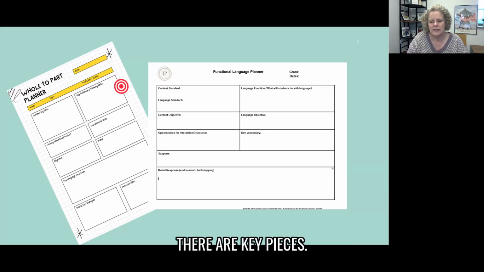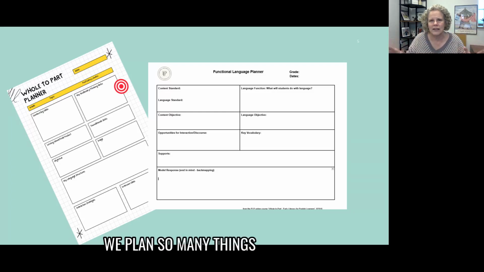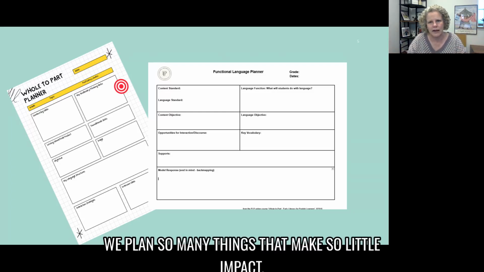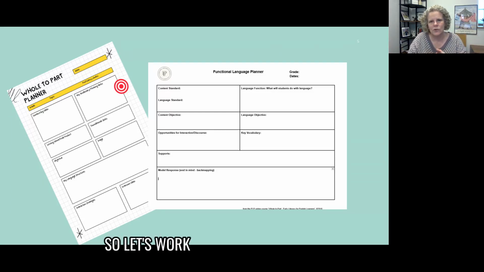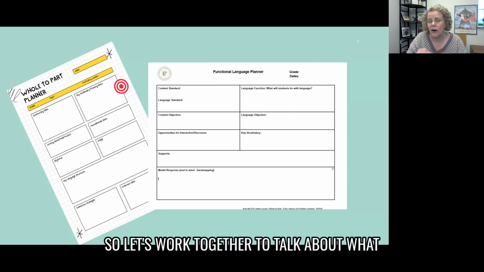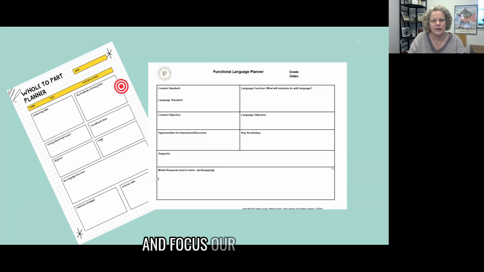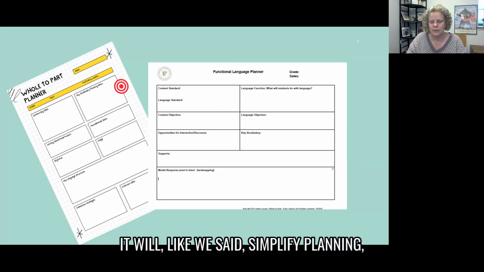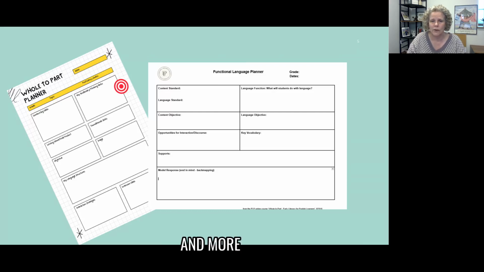There are key pieces, right? We plan so many things that make so little impact. So let's work together to talk about what the key pieces are that make a big impact and focus our attention there. It will, like we said, simplify planning, routinize planning, make it more efficient and more effective.